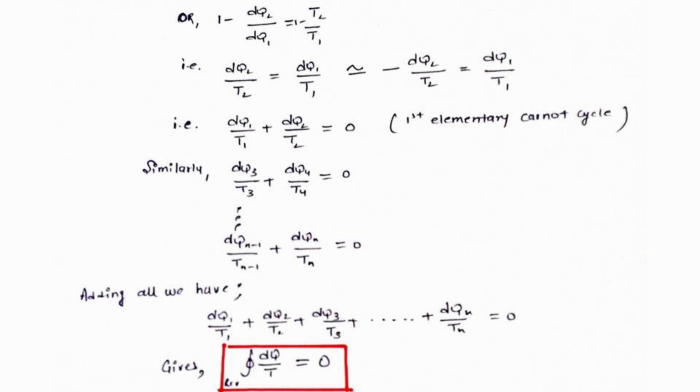So if we add all of it, what do we get? dQ1 by T1 plus dQ2 by T2 plus dQ3 by T3 up to dQn by Tn is equal to 0. So this gives the cyclic integral for a reversible process, dQ by T is equal to 0. This is your Clausius theorem, and this concludes the theoretical portion of the entropy.